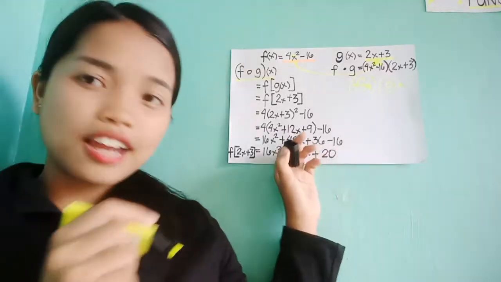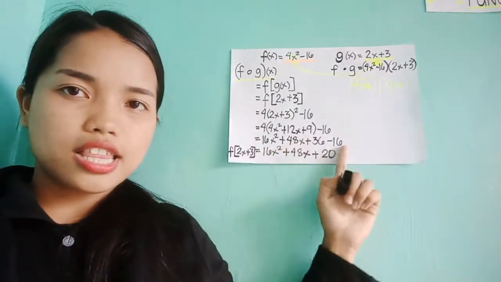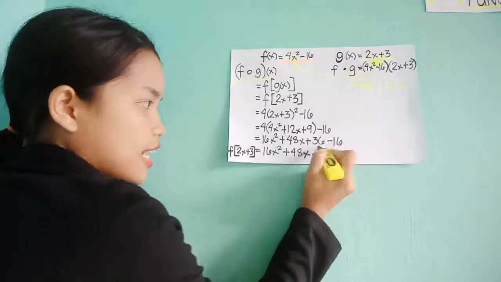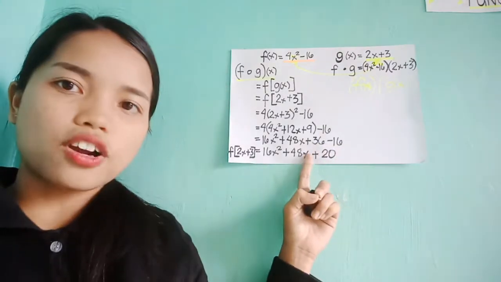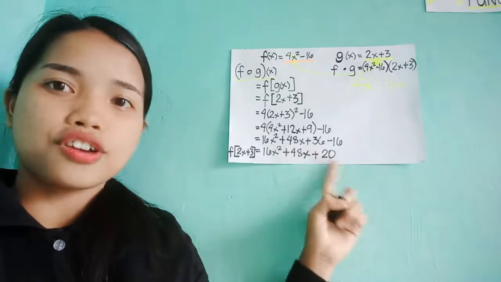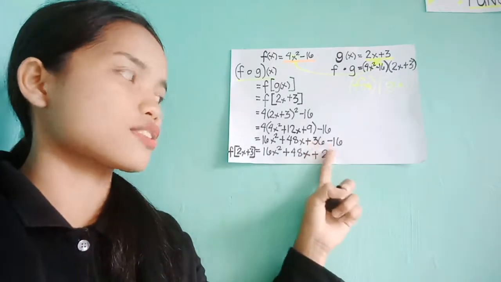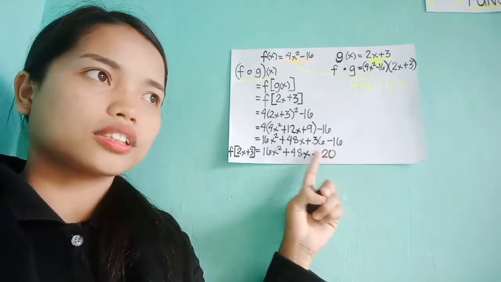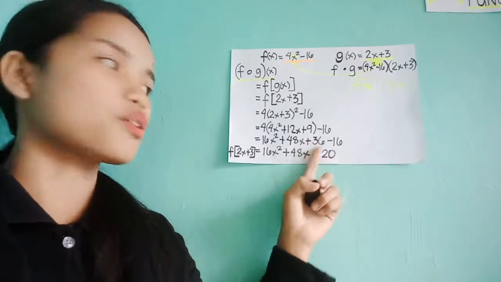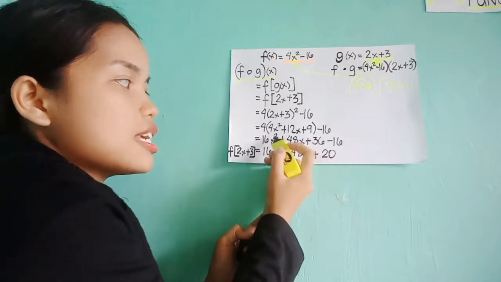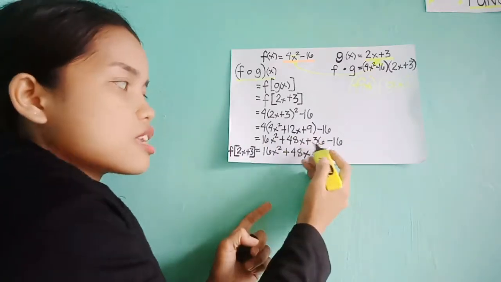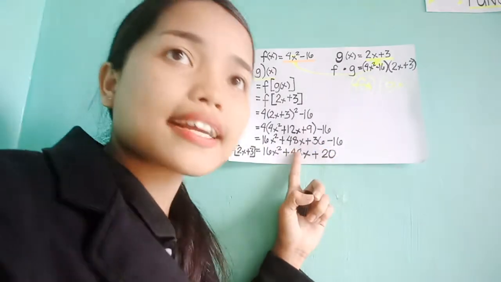Then we combine the like terms. The like terms are 36 and negative 16. Like terms have the same variables, or, because these have no letters, we can combine them. But we cannot combine this one because it has x squared, and this one only has x.